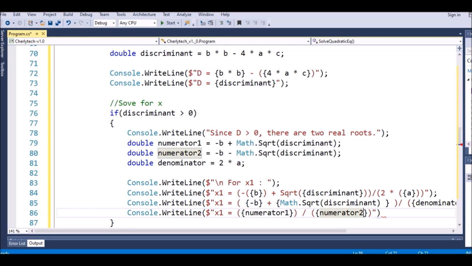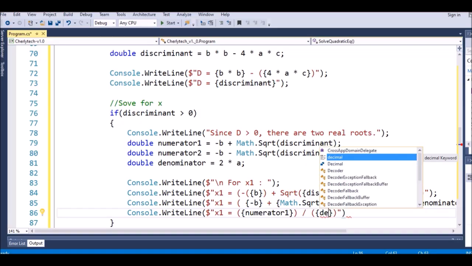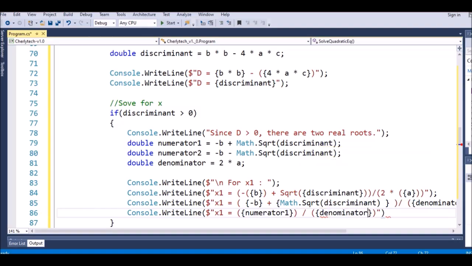Maybe this one is not correct. I think it should be denominator, right? Okay, so we add this.